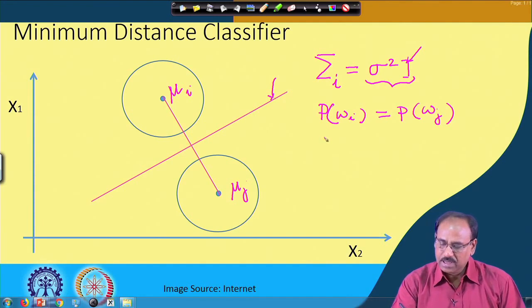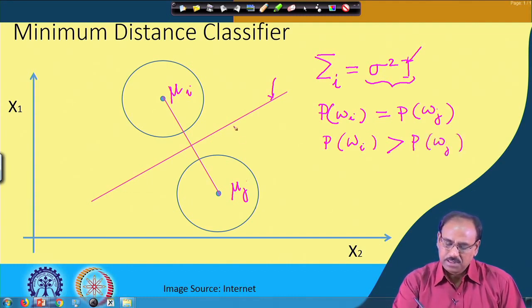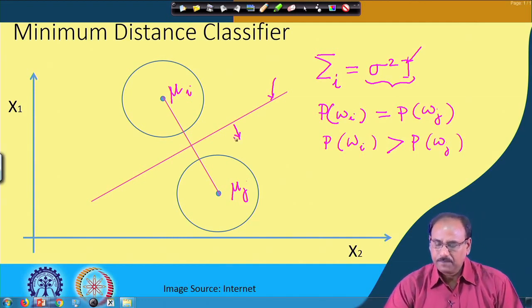Of course, in this case, if p of omega i is greater than p of omega j, then this decision boundary is shifted towards mu j, in the sense that for unknown feature vectors our decision will be biased towards omega i, because the a priori probability p of omega i is greater than p of omega j.